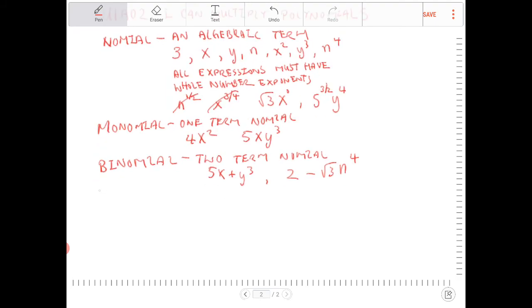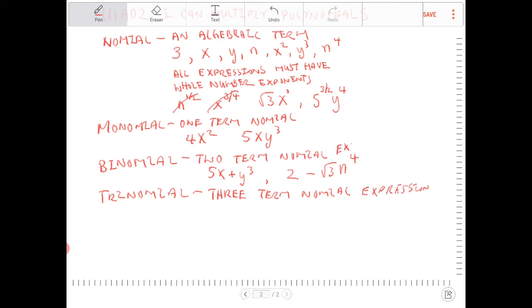And then we can have trinomial, and of course, just as the prefix suggests, there's going to be 3 terms. So this is a 3, not tree, 3. This is going to be a 3-term nomial expression.